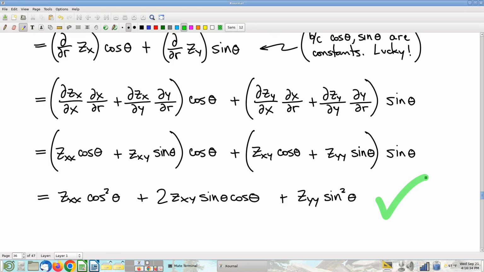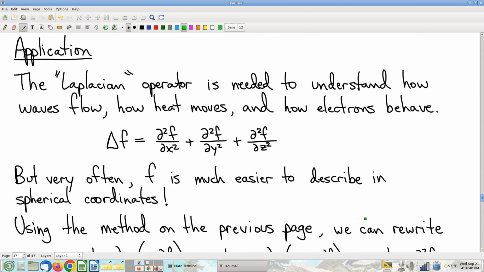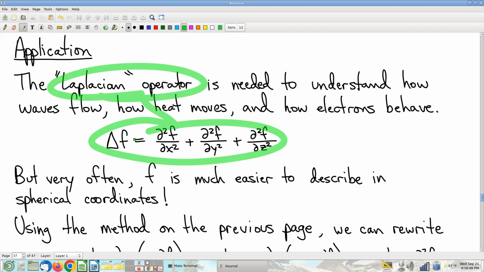Okay, now let me show you what this is good for. Among other applications, this is just the first one that came to my mind. Y'all have already seen a homework exercise about the Laplacian. And the homework exercise that y'all have seen pertained to the heat equation, right? How heat moves.